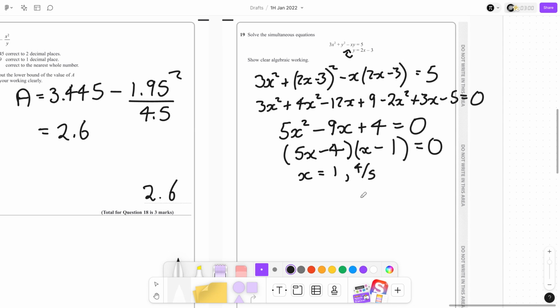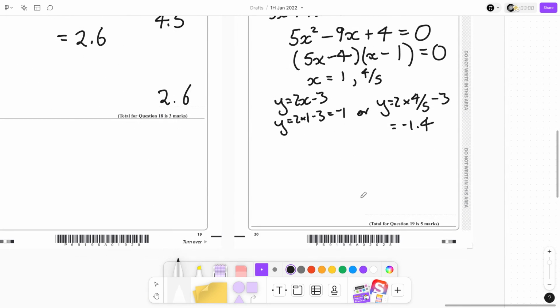And then y is 2x minus 3. So if x is 1, y is 2 times 1 minus 3, which is minus 1, or y equals 2 times 4/5 minus 3, which is 8/5 minus 3, which is minus 7/5, which is minus 1.4.